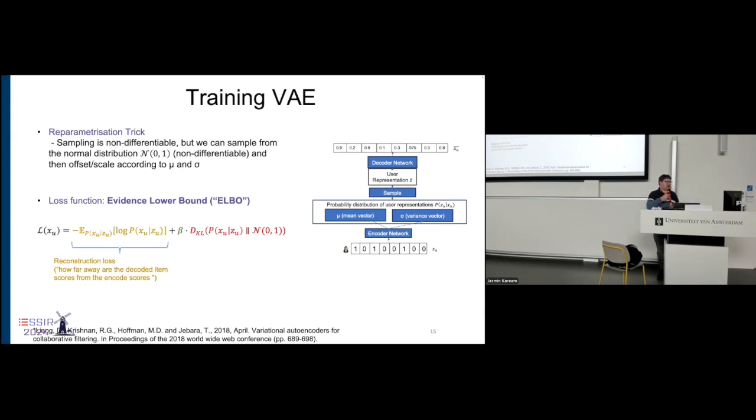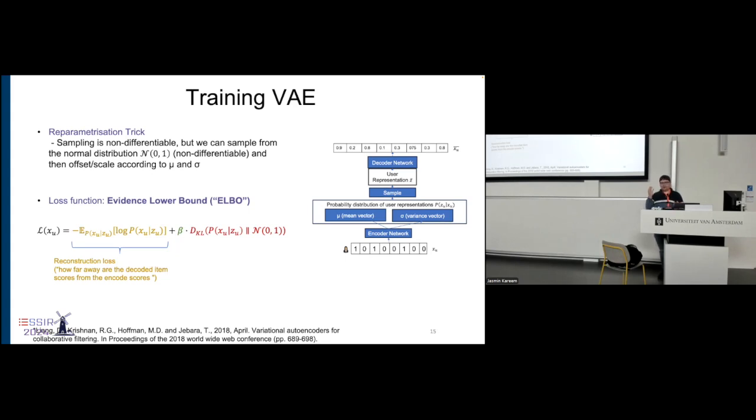First is the reconstruction loss. I like to think of this as our classic MSE type of loss, or in this case it is cross entropy, but it also has this expectation. The expectation means that we don't compute this from one single representation of the user, but over the whole cloud.